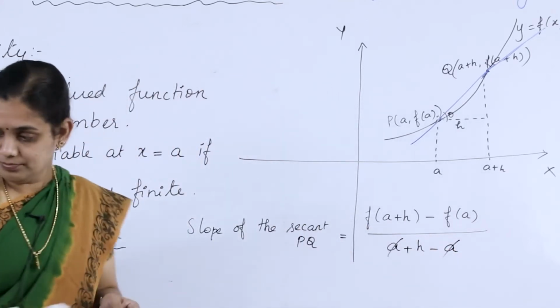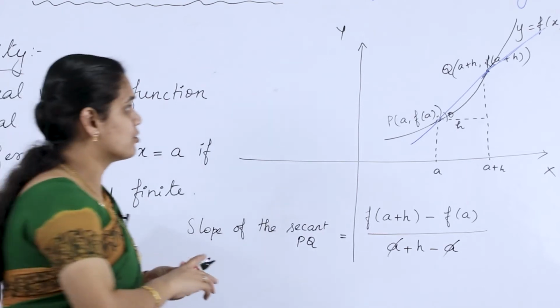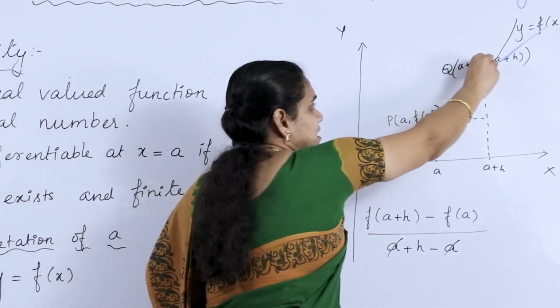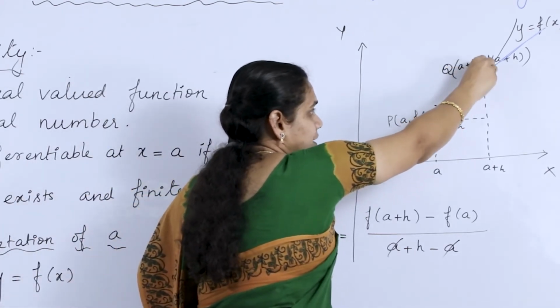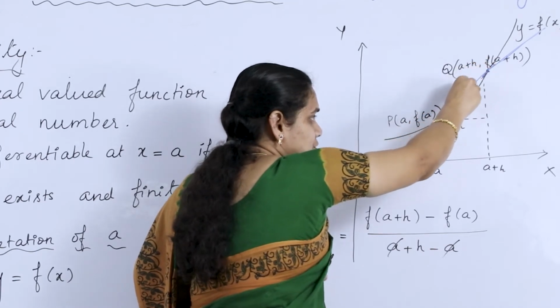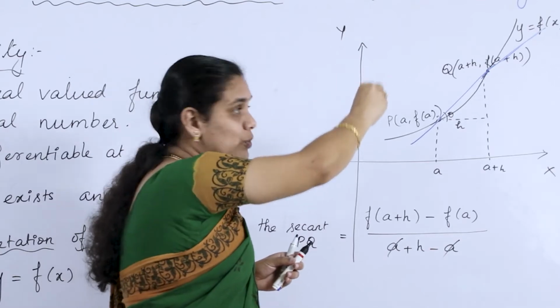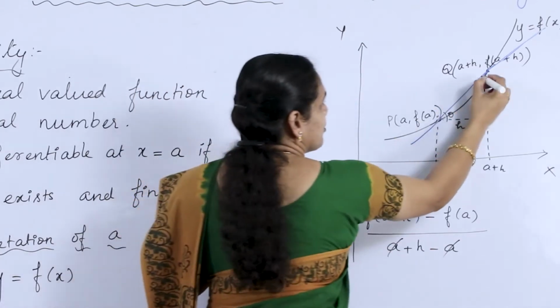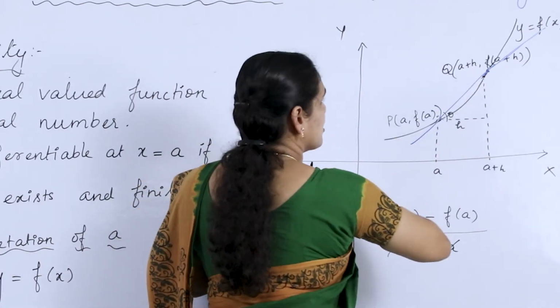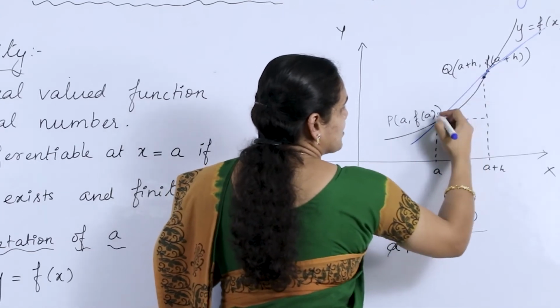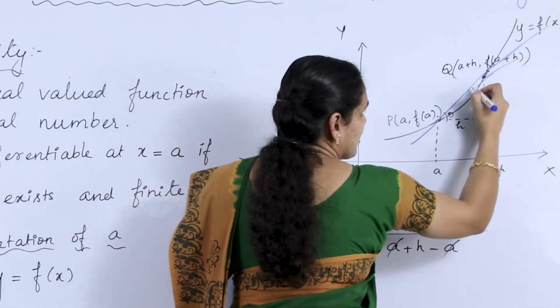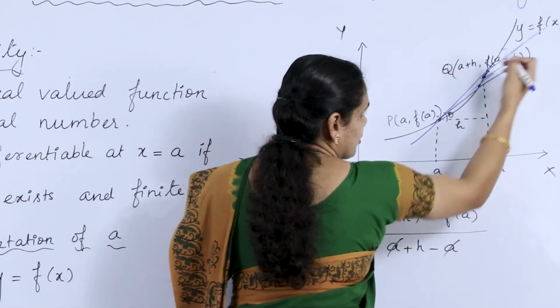Alright. Now, what are we going to do? Let us bring this point Q closer and closer to P. Slowly we are moving this point Q towards P. See, if Q comes here, then the secant will go like this, right? And if it comes here, then again the secant will go like this.